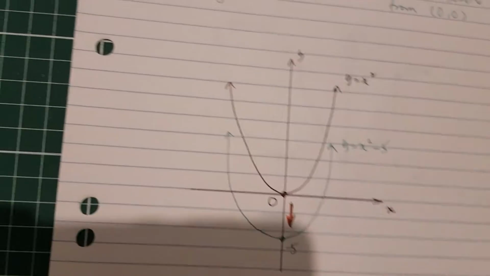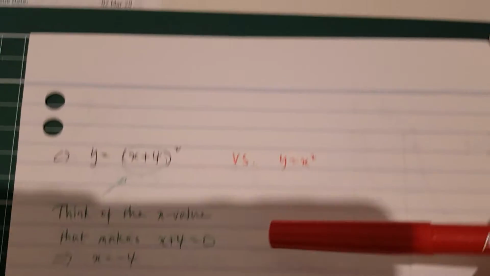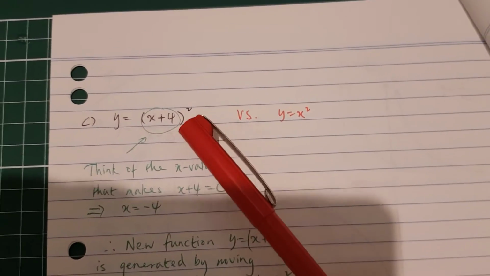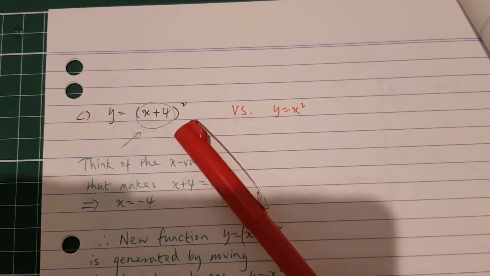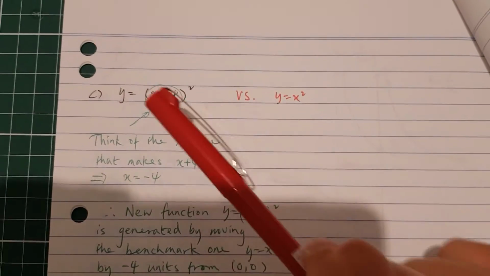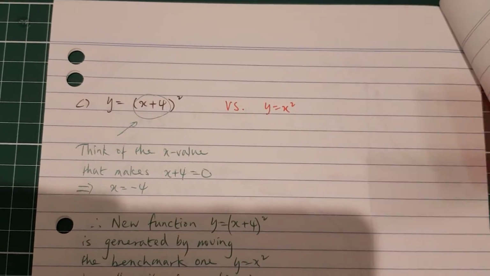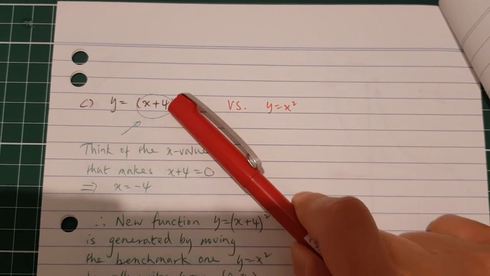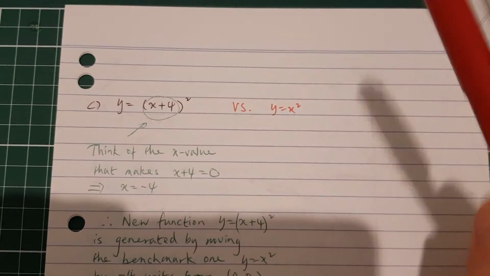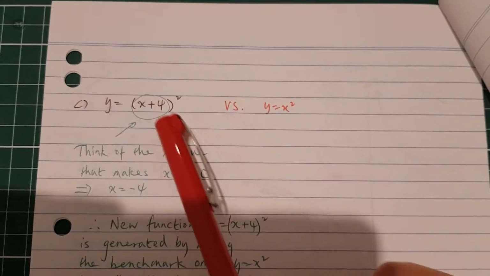All right, next one is question C of the same question: y equals (x plus 4) squared. In other words, this is in perfect square form, so you compare that with the original and explain how you get that from that one. This time there's no constant, so there's no up or down movement. The only thing you can do is come up with the x value that makes the bracket 0, using the same logic as with the y value previously.